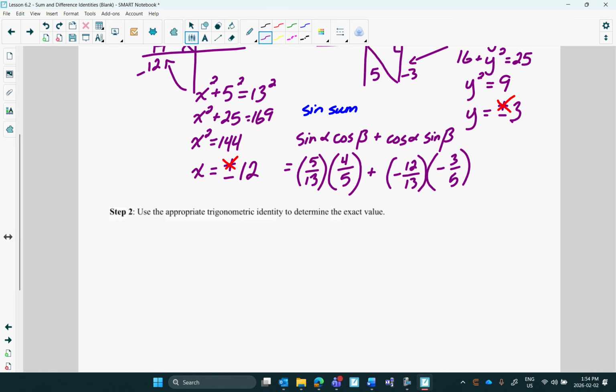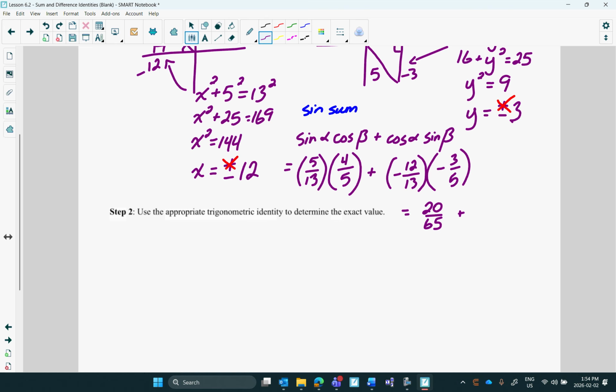So if I multiply these two together, I get 20/65. I'm not going to just reduce. Would you like to do that? Yeah, you can do that if you want. But the only problem with that is you can't cancel out here, so you're going to end up with different denominators.